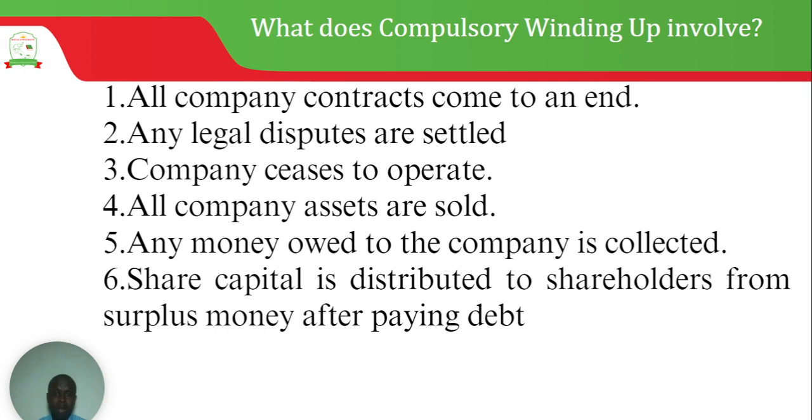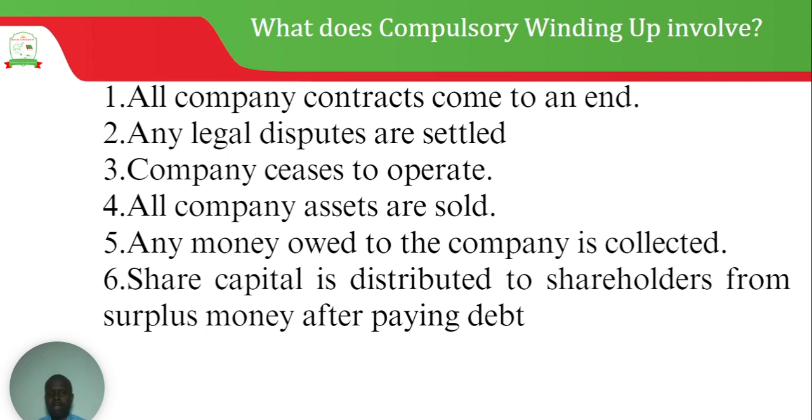By coming to an end, we are simply saying they cease to exist, just like the company is going to cease to exist. These contracts also cannot continue running. The other one is that any legal disputes are settled. So we might have disputes, they will be settled. The other one is the company ceases to operate.